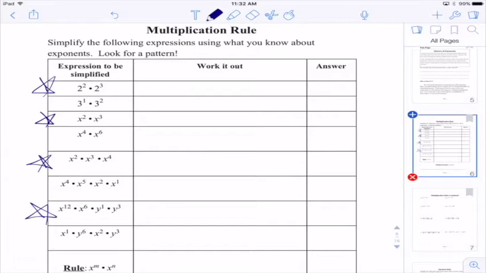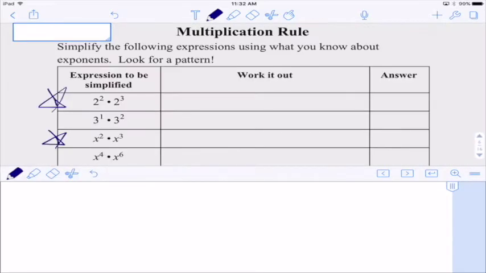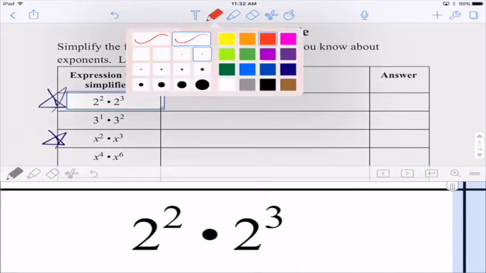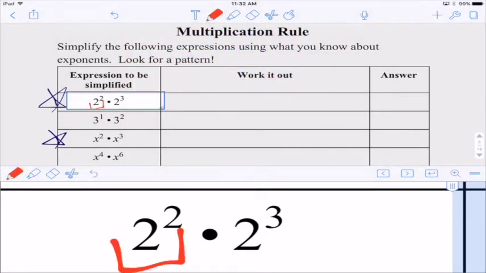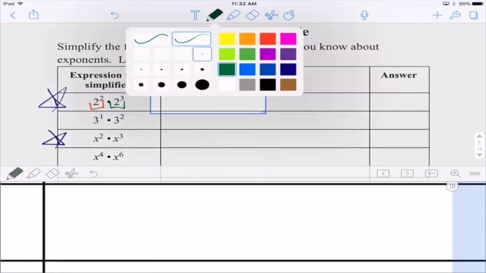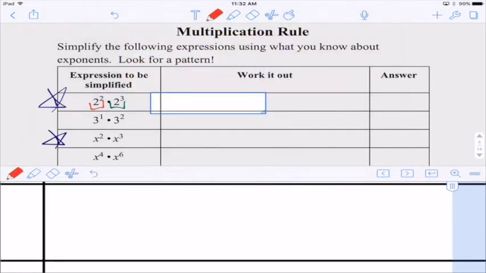But let's start. So let me hide this. We have 2 squared and 2 cubed. So I want you to see if you can catch on. We're going to do this one in red and this one in green. So here's what I mean by work it out. It means I would like you to use what you know about exponents. 2 squared means 2 times 2.